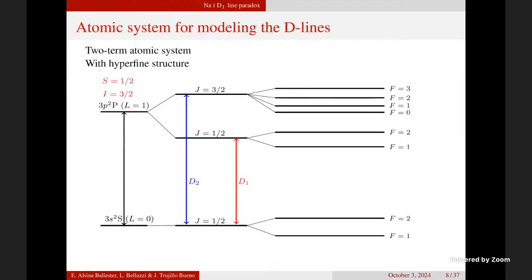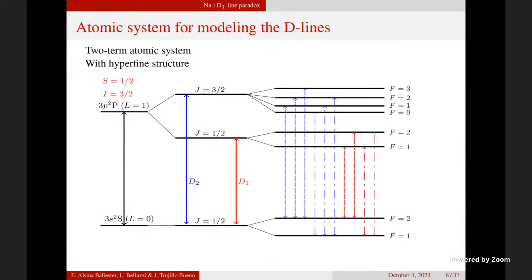Because of this, the various components of the D1 and D2 lines are split into various hyperfine structure components, each with their own frequency, which is slightly shifted with respect to the others. Furthermore, now each of the hyperfine structure levels is characterized by an angular momentum F. As we can see, these are larger than the fine structure levels. And for the lower levels, we see F equals 2 and F equals 1, which can carry atomic level polarization.